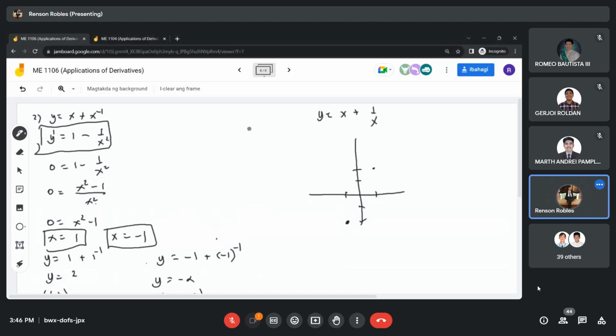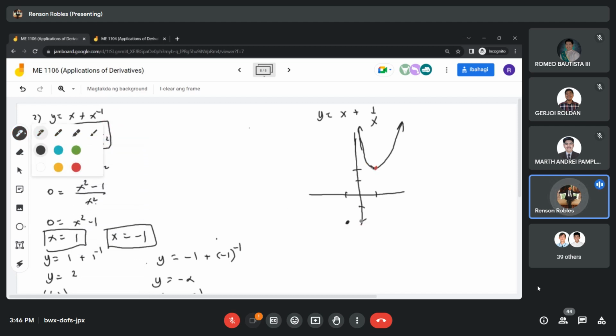Meaning, how do you trace it? This is an asymptote. Relative mean. So, hindi ka pwedeng bumaba. Umakyat ka na doon. Okay? This is your point. This is relative max.